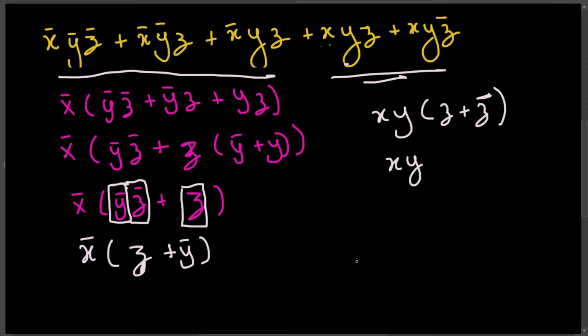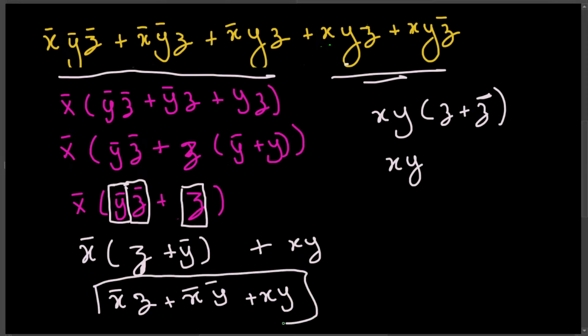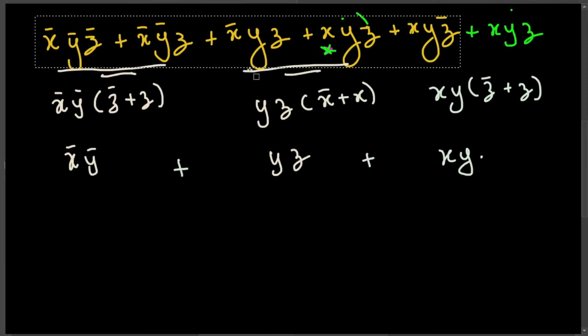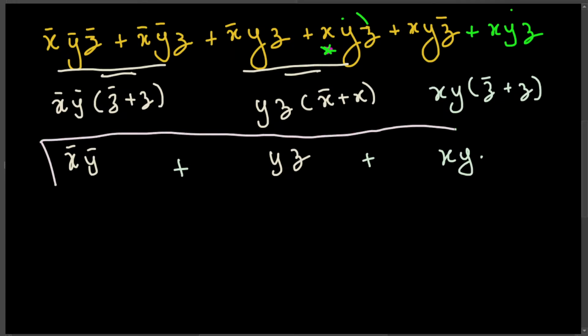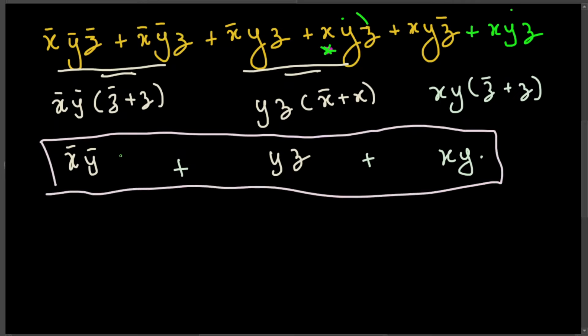So we simplified this one, and we can add this with this one, xy, and we can also expand this one and write it in a better way, like x prime z plus x prime y prime plus xy, and that's another answer. And if you look at the previous one, we got x prime y prime plus yz plus xy as our answer.